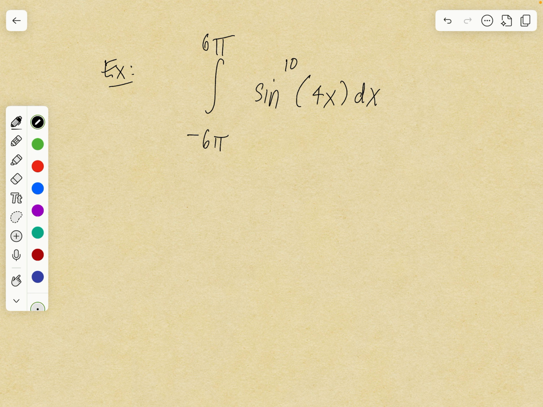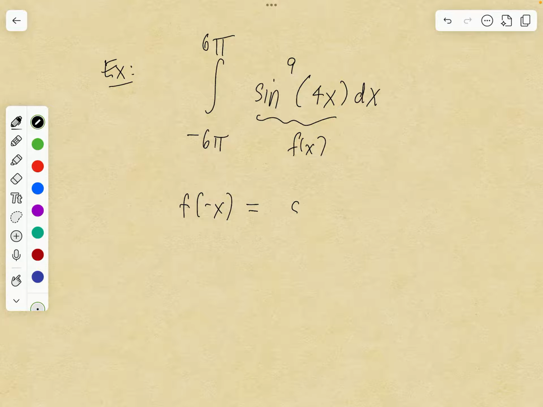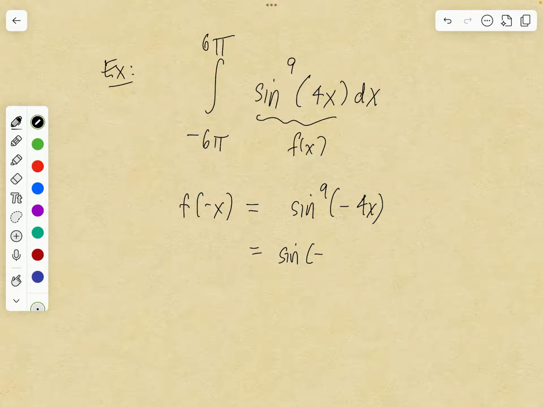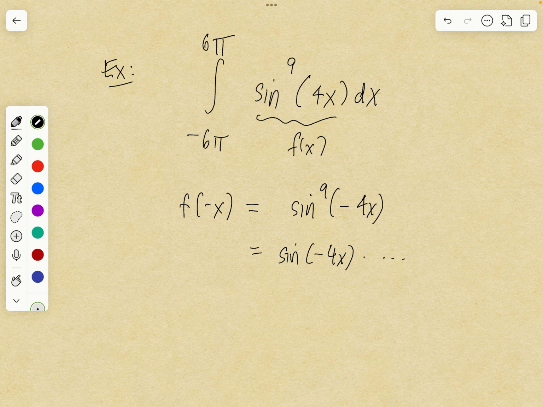But notice that if you take this function f of x, oh wait, no, sorry, I don't want an even power, I want an odd power, like 9. If you plugged in negative x, you get sine to the 9th of negative 4x. So this is sine of negative 4x times itself 9 times, right?